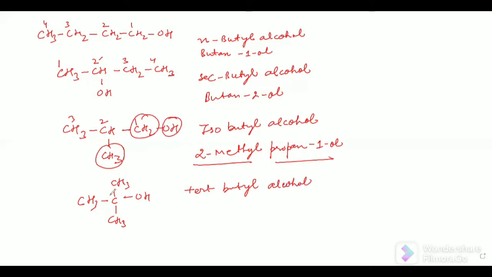But when we have to do the IUPAC naming, we have to see the longest chain, 1, 2, 3. On the second carbon, there is a methyl group, so 2-methyl. Now there are 3 carbons, so it will be propane, not butane, and 2-ol because on the second carbon there is an OH group.